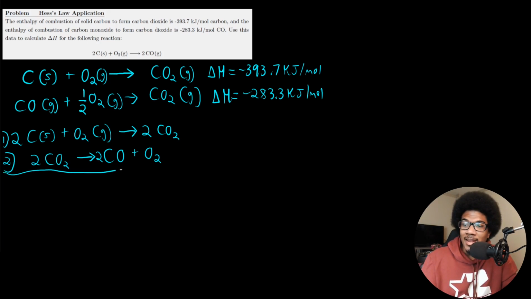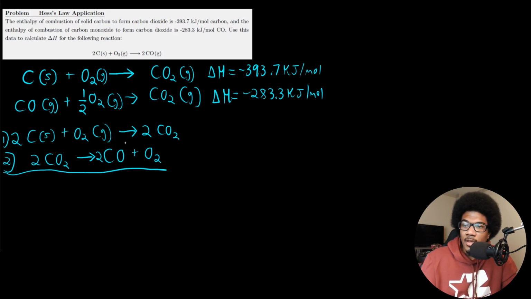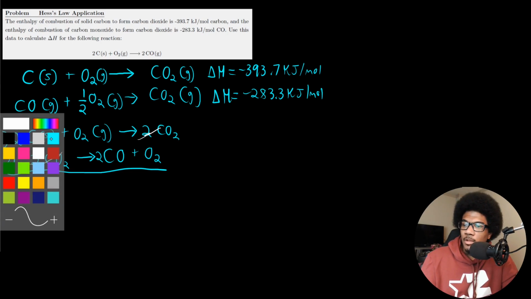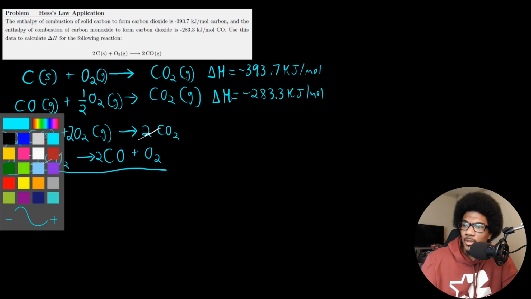First, let's get the net reaction so that we can be sure that we have the same total reaction that we're looking for, right? So CO2 is going to cancel out here, right? And O2, oh, I forgot one stoichiometric coefficient here. So this should be 2 O2, right? Yep, so that balances that.